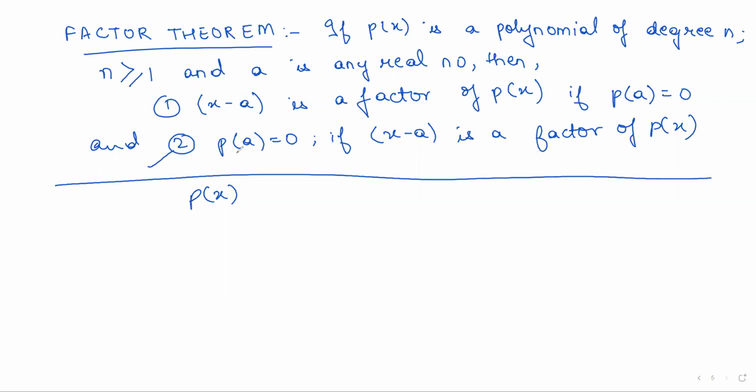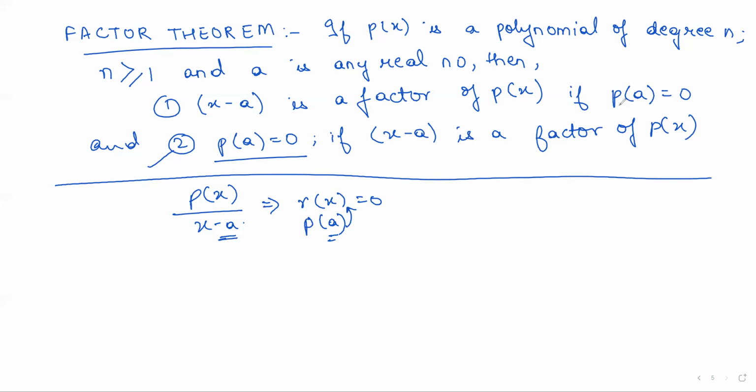It states that p of a is equal to 0 if x minus a is a factor of p of x. That means if you divide this by x minus a, your remainder will be 0, because we've already studied previously that p of a, the same a, represents your remainder, which means by saying that this value is 0, it states that your remainder is equal to 0.